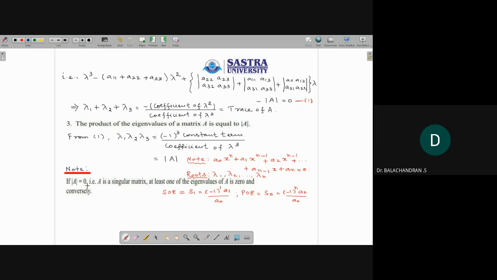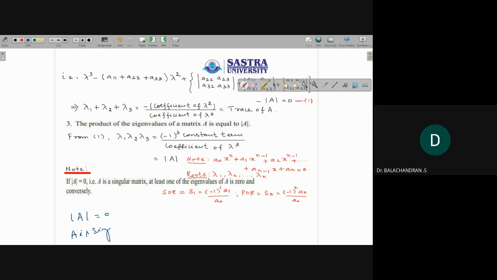So note: if the determinant of A equals 0, then A is a singular matrix. Sorry, if the determinant of A equals 0, you know that A is a singular matrix. Both of them are the same.